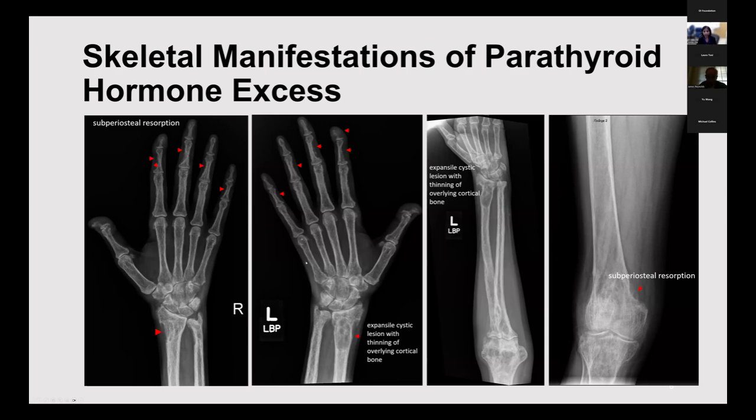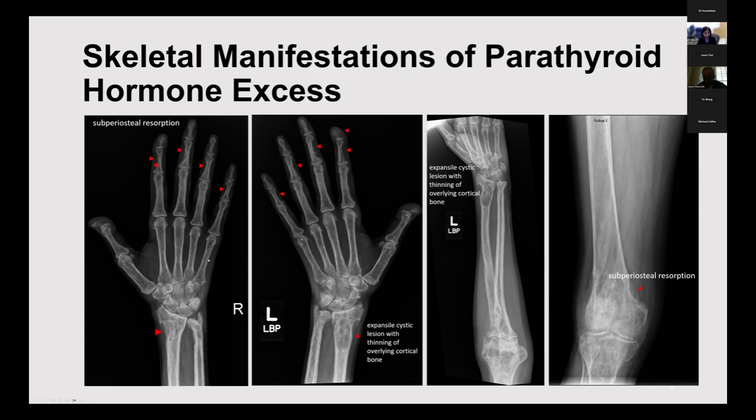Basically, patients with pseudohypoparathyroidism have resistance to the action of PTH in the proximal convoluted tubule, but their skeleton remains sensitive to PTH. The reason I'm choosing this patient is because her PTH levels are 5,000 picograms per ml, which we don't typically see in a patient with primary hyperparathyroidism. And it just exaggerates the skeletal manifestation.